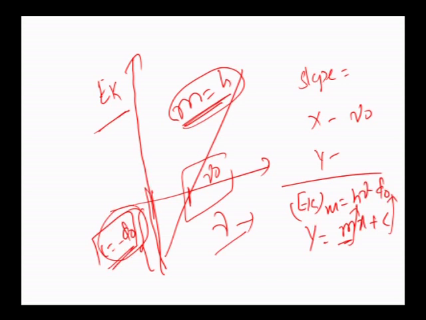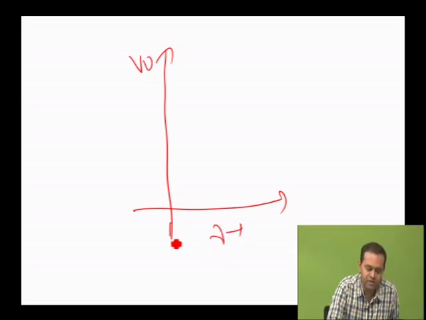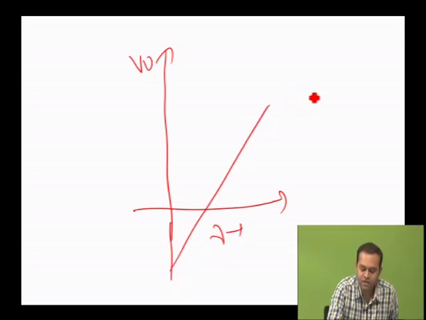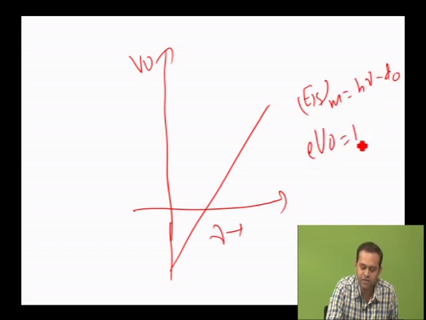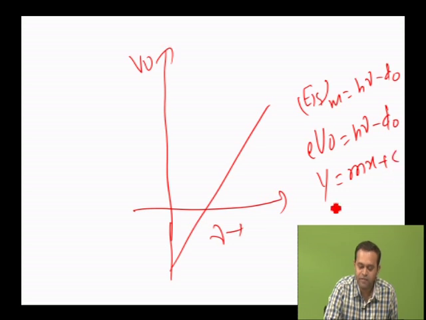Very important point. Similarly, suppose we consider the graph of stopping potential versus frequency. Again, the equation can be written as e V naught = h nu minus phi naught. Compare with the standard equation y = mx + c. Here y is V naught and x is frequency.